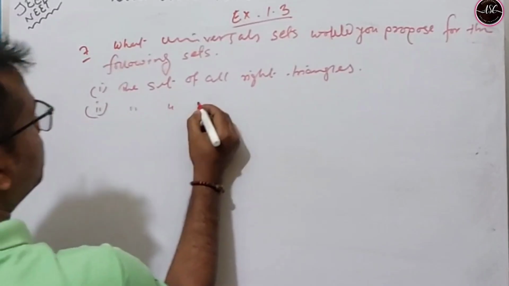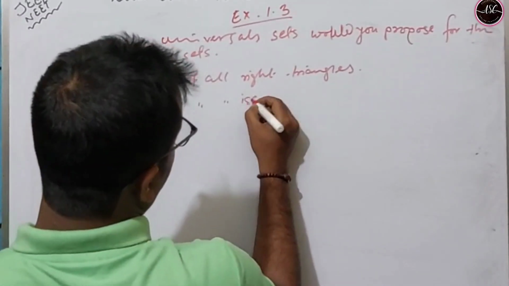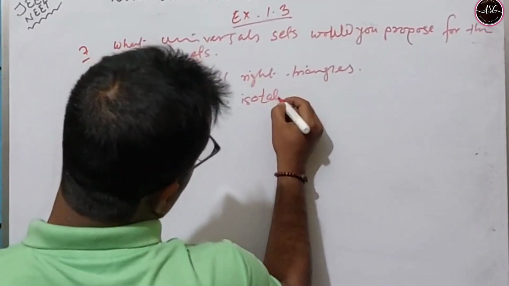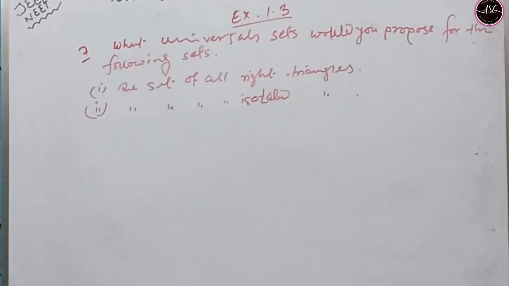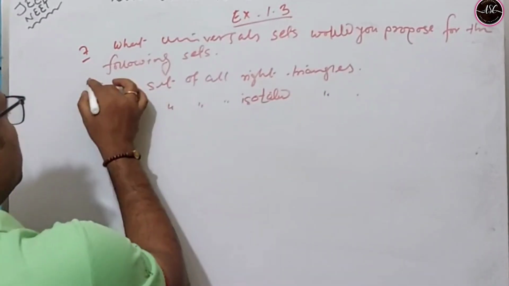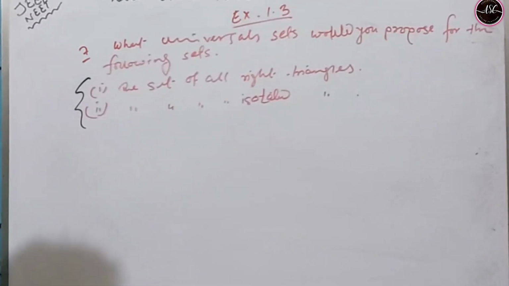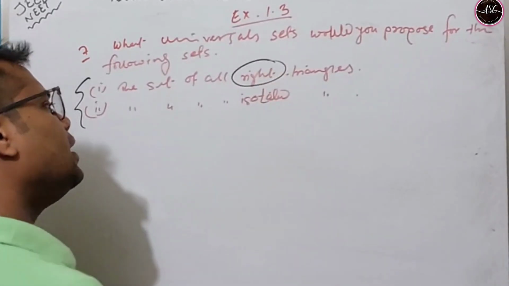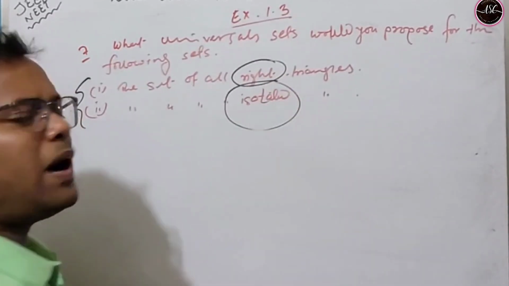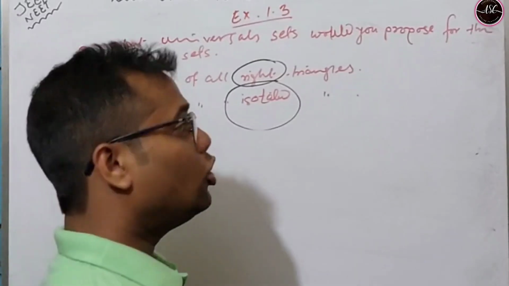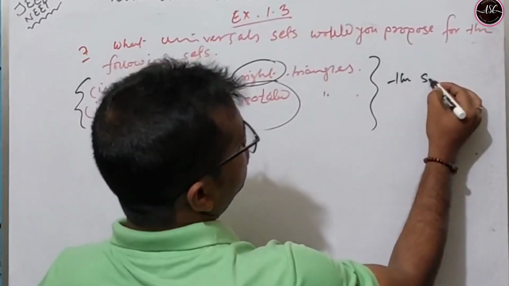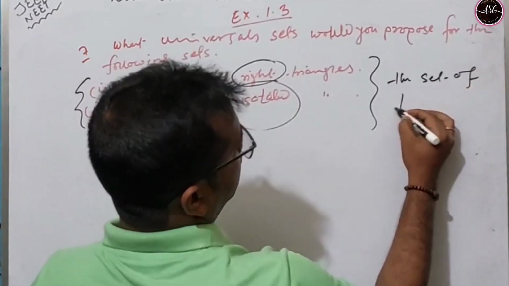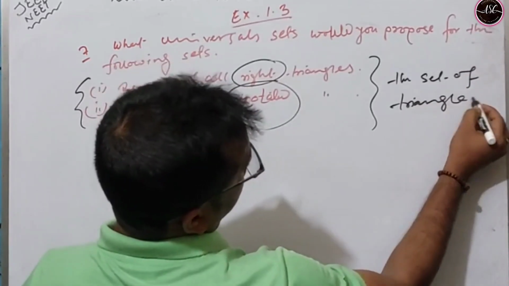The set of all isosceles triangles. So look at these two questions. They are right triangle and isosceles triangle. They are part of the set of triangles. So the universal set must be the set of triangles. Okay, clear?